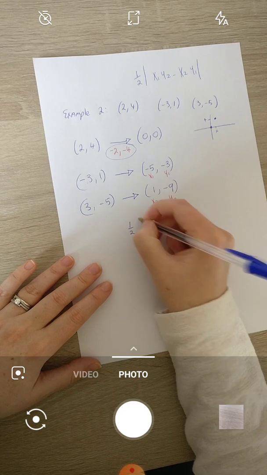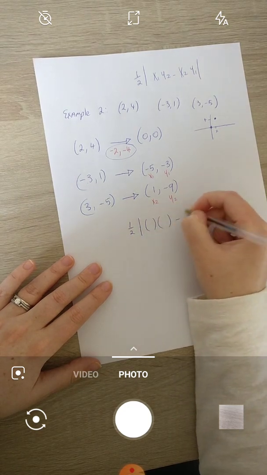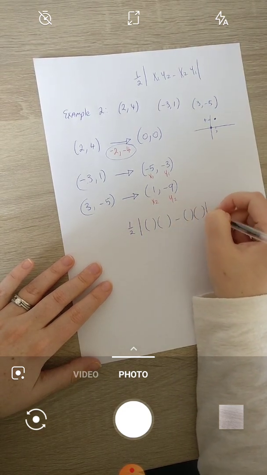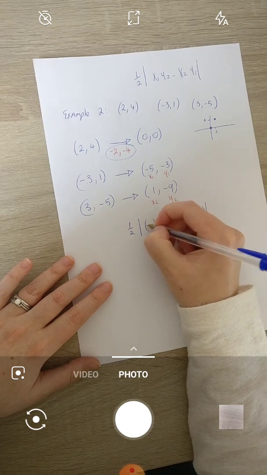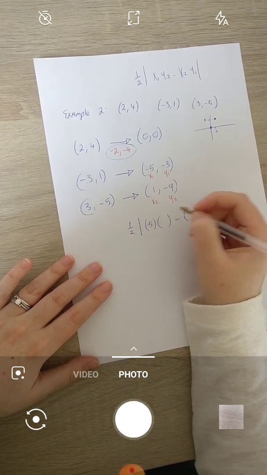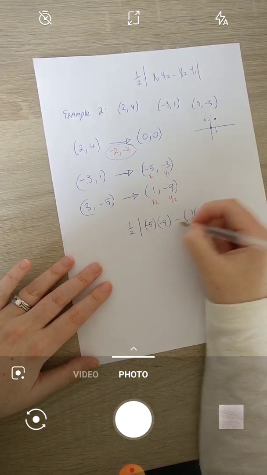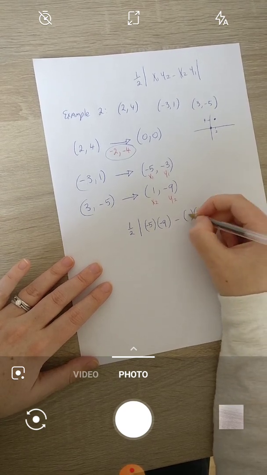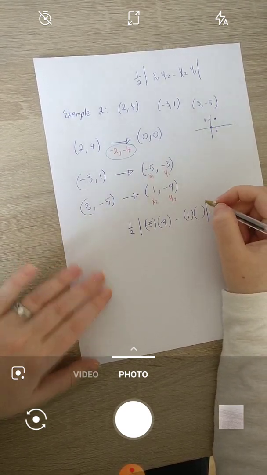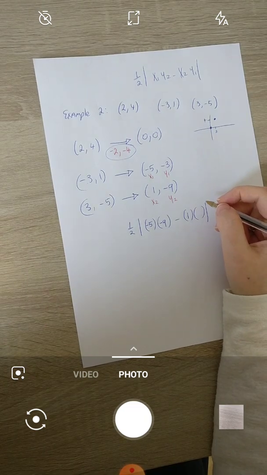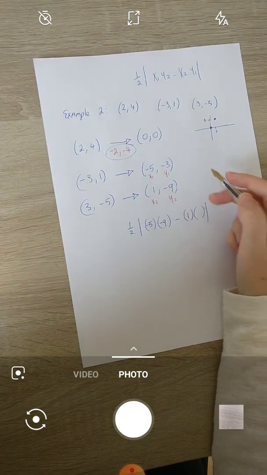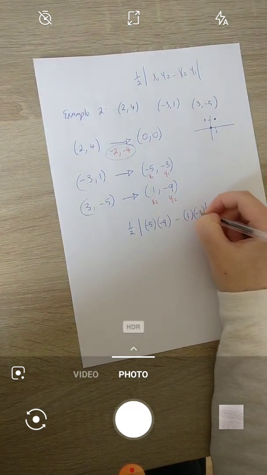So we've half of x1, y2 minus x2, y1. So x1 is minus 5, y2 is minus 9, x2 is 1, and y1 is minus 3.